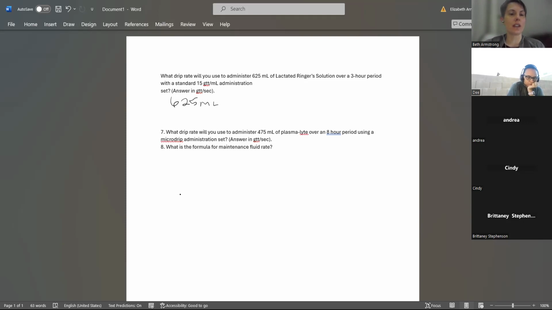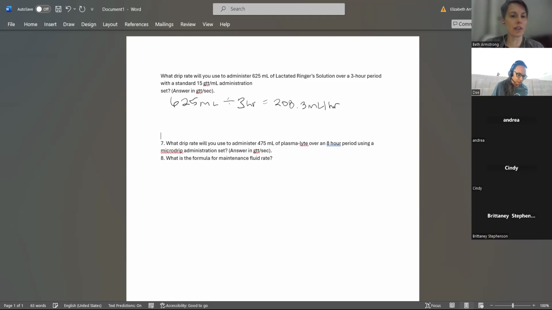So we're going to take that 625 mLs and divide that by 3 hours to get our hourly rate. 625 divided by 3, we have 208.3 mLs per hour.